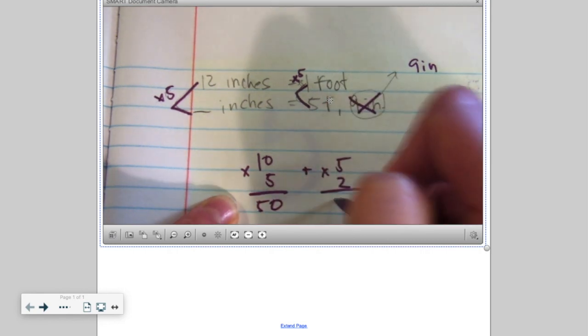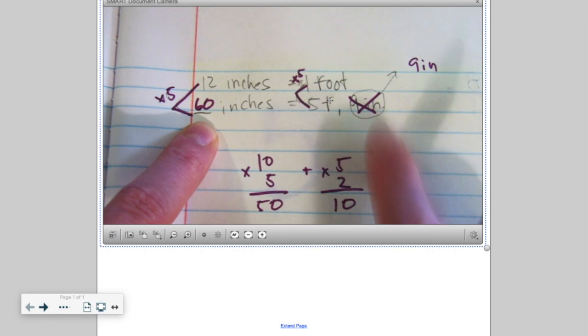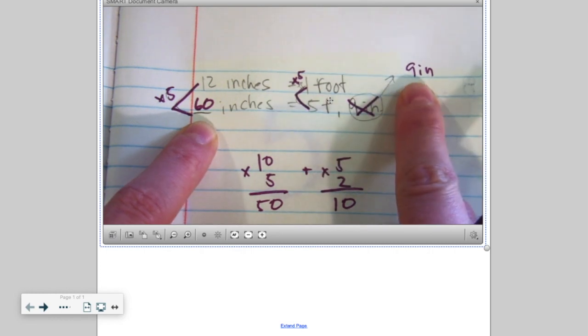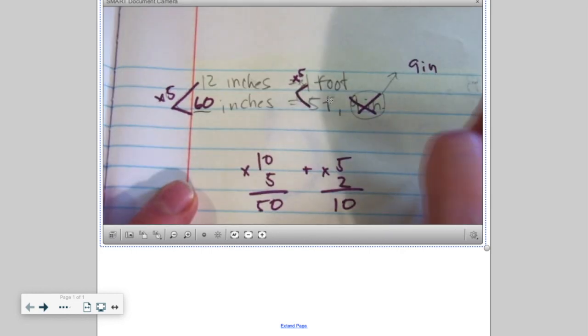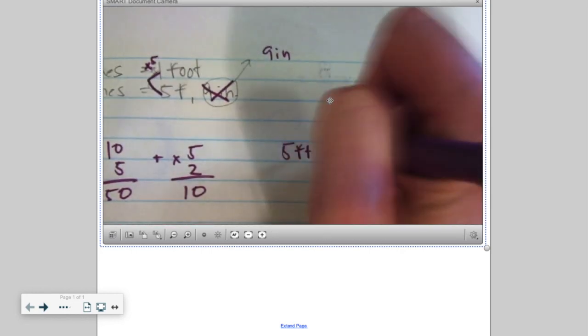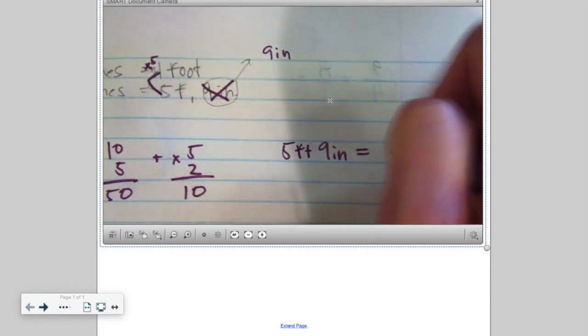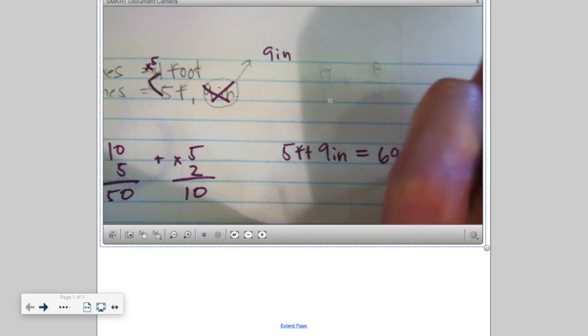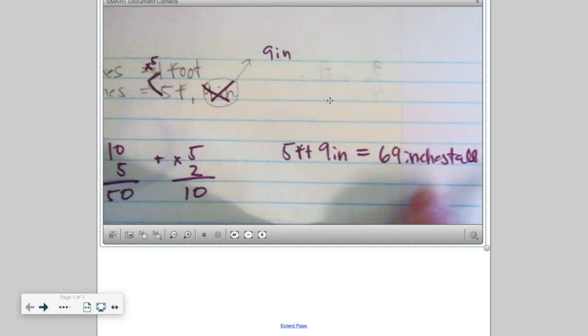That's 50, plus 10, that's 60 inches. But I'm not quite done. I still have my 9 inches over here. So a person that is 5'9" is equivalent to 69 inches tall.